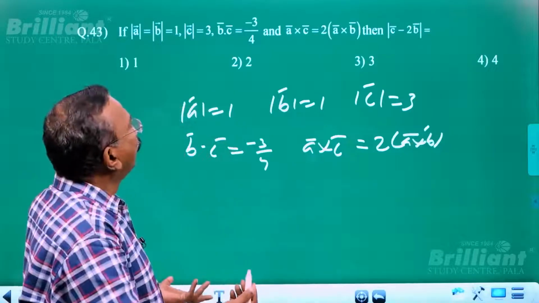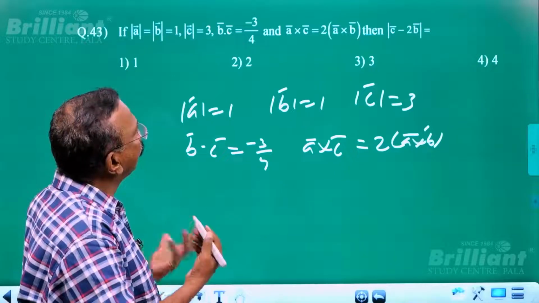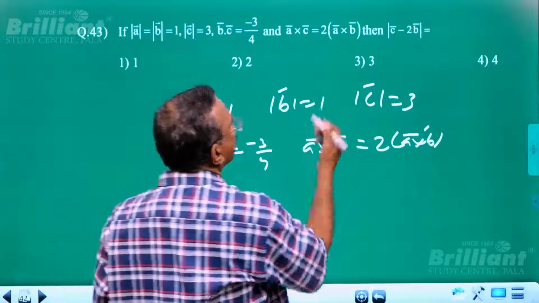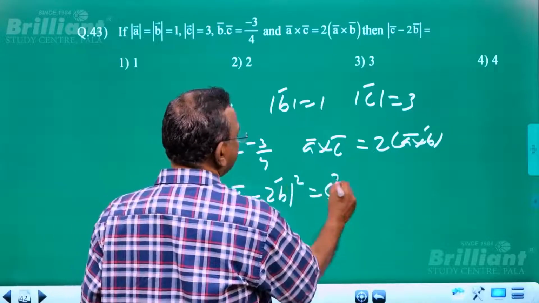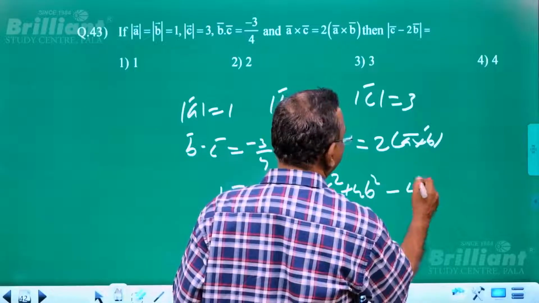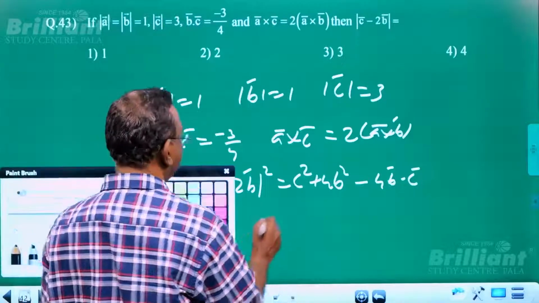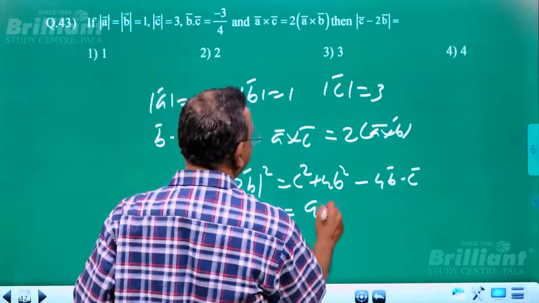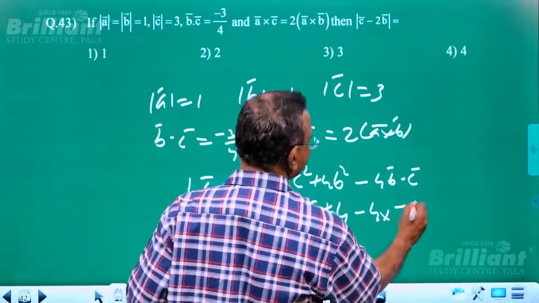Actually, the second condition is not needed to find the answer. Mod C bar minus 2B bar the whole square is equal to C square plus 4B square minus 4 B bar dot C bar. Here C square is 9 and B square is 1, so it is 4, minus 4 B dot C, which is minus 3 by 4.